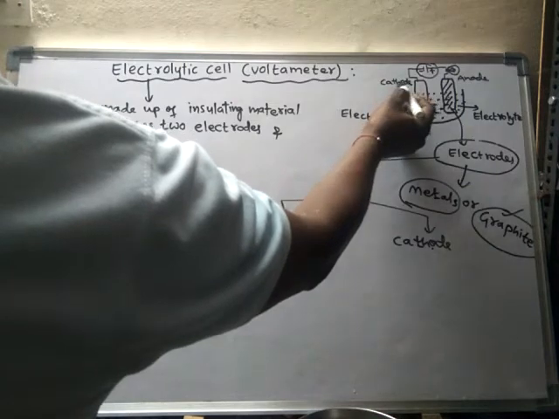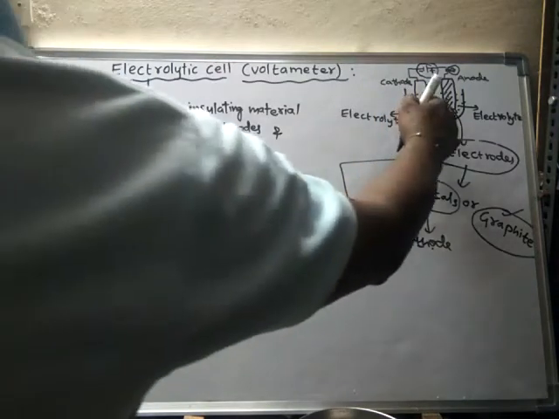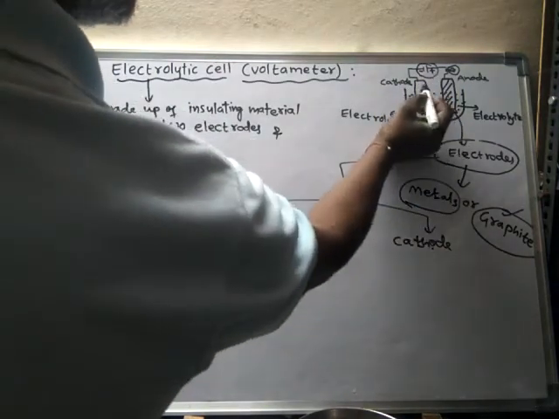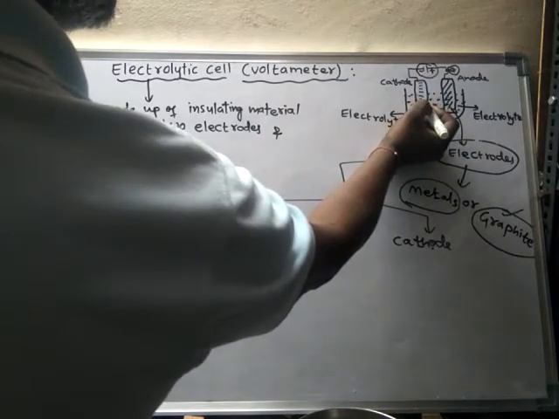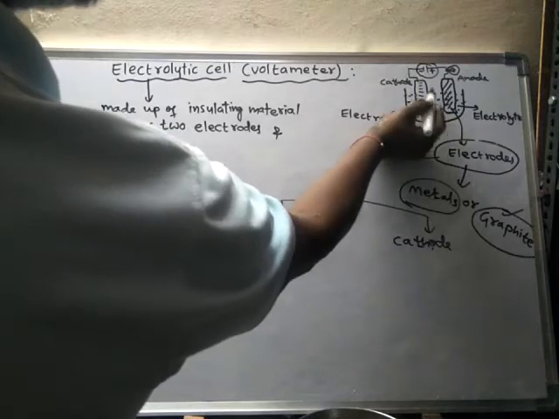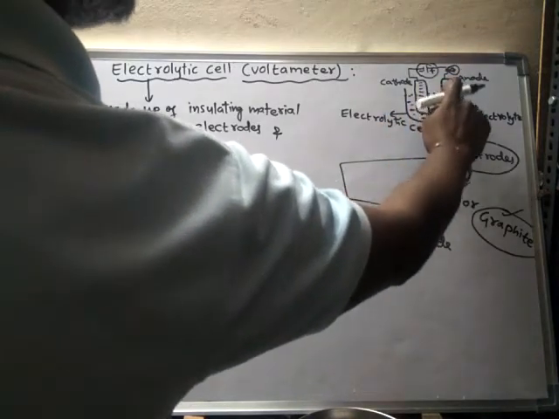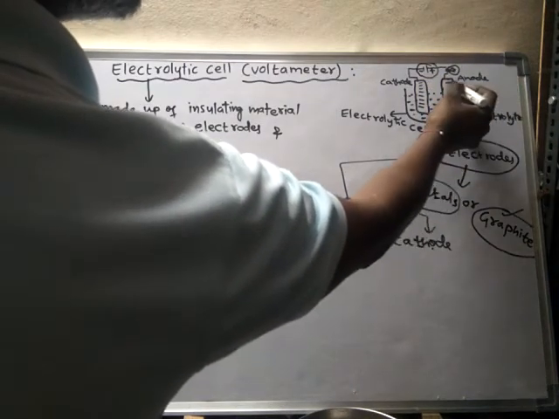See, actually, this cathode is having negative charge on it. It is having an excess amount of electrons on the cathode. Whereas anode is in deficiency of electrons.